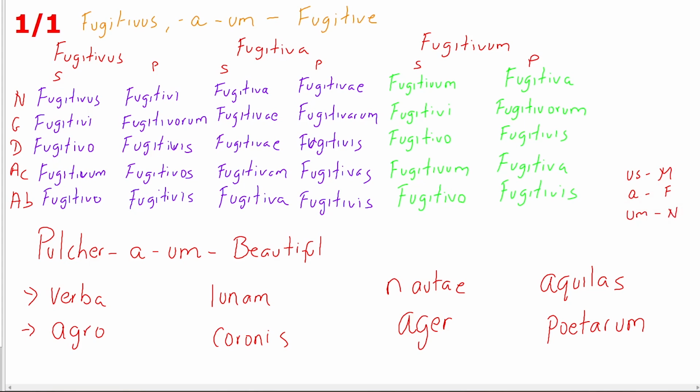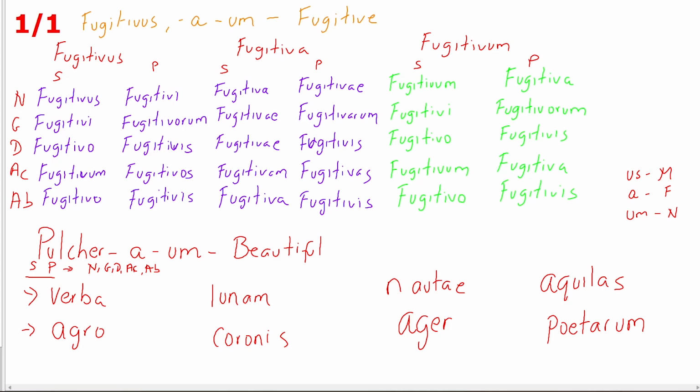If it is ending with um, it is neuter. Once you have done that, you refer back to your chart and identify the number, whether it is singular or plural. After that, you look whether it is nominative, genitive, dative, accusative, or ablative.